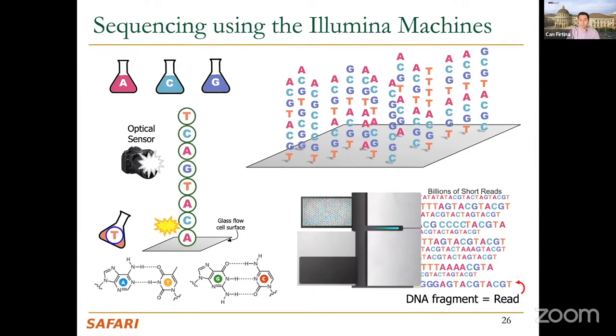But since we're sequencing copies of the same DNA, these DNA should be in sync, meaning that on the surface, if we're sequencing the bases at a time, we should be seeing the same base all the time.